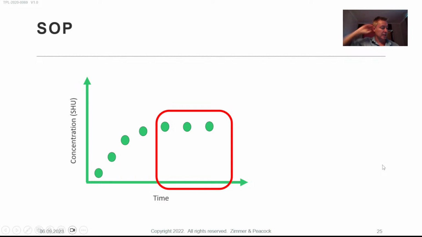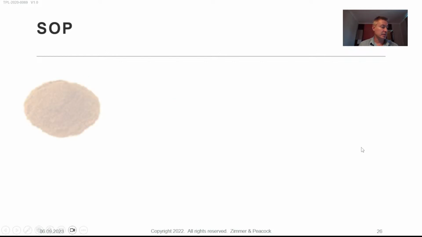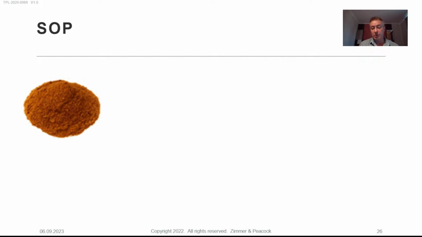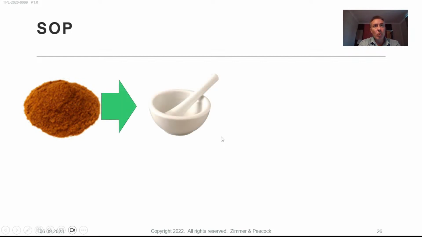With an SOP, if you want both accuracy and precision, you probably want to bring that solution to where you've dissolved all the capsaicin, and that probably means time. But I want to talk about how to accelerate that time. I know the people asking this question are probably already doing this, but take the chili powder, mortar and pestle it.